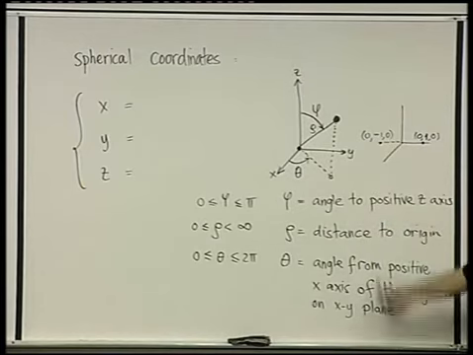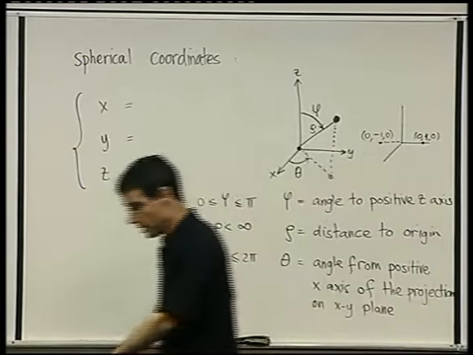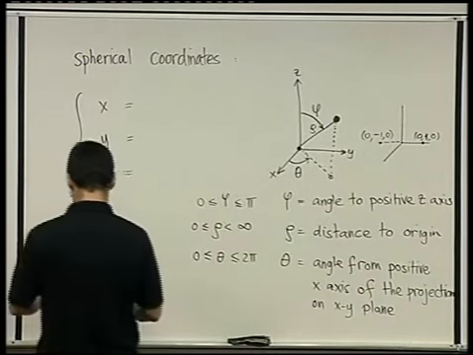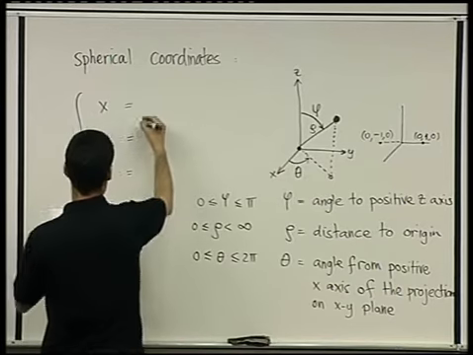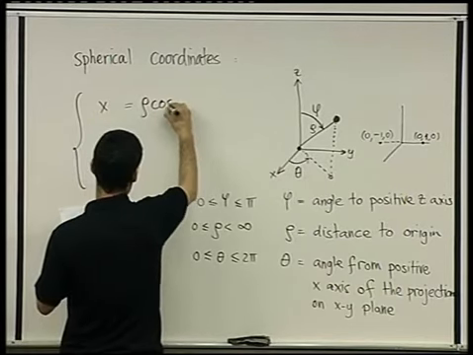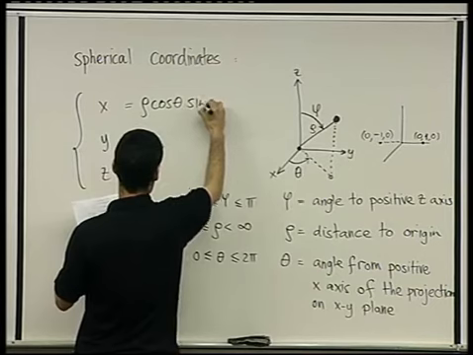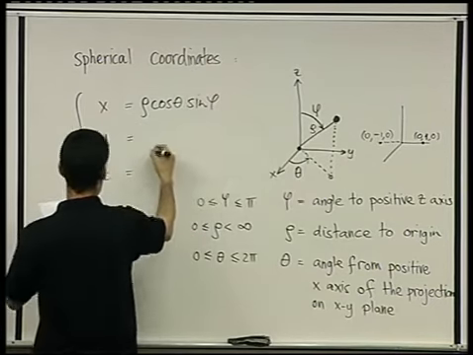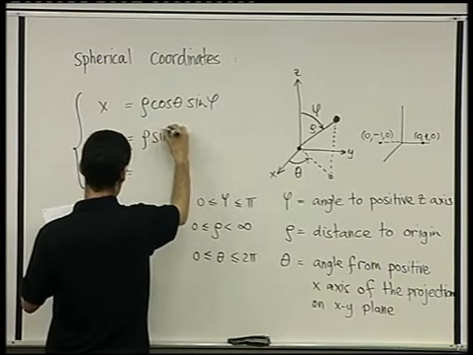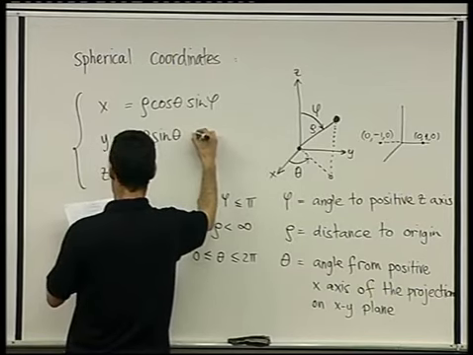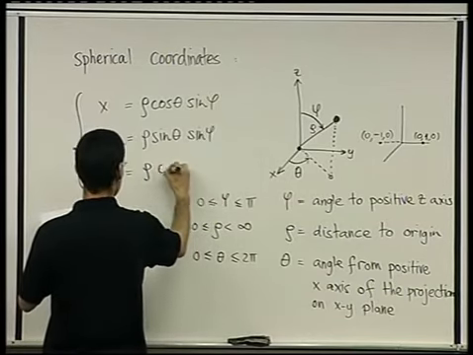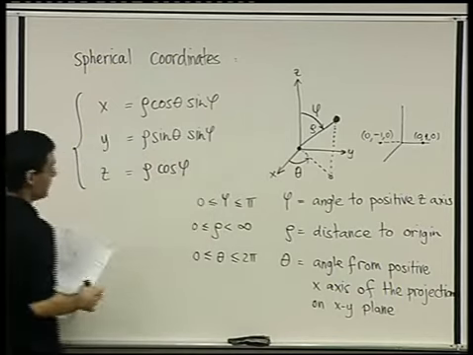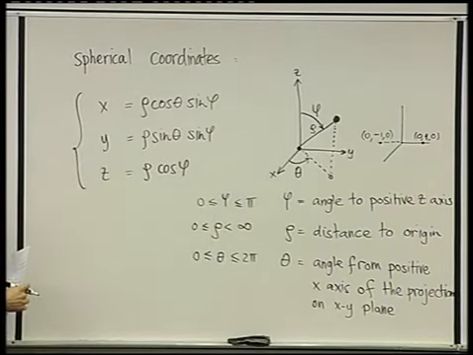And the answer is that x is given by rho cosine theta sine of phi. Y is rho sine of theta sine of phi. And z is rho cosine of phi. Okay, so this is how they transform.